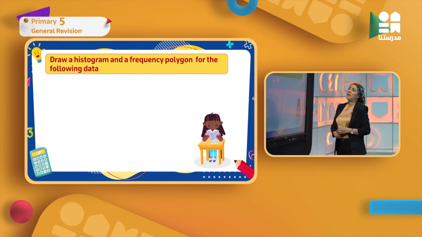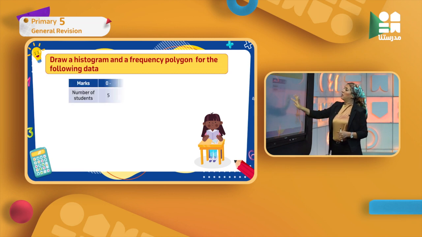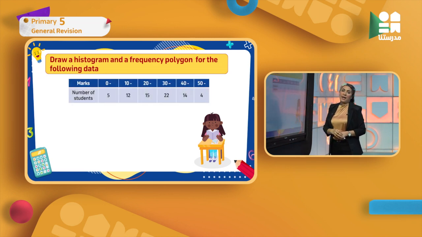Draw a histogram and a frequency polygon for the following data. Here I have a cumulative frequency table. As we said before, we use cumulative frequency tables when we have a large range of items and the differences are big.